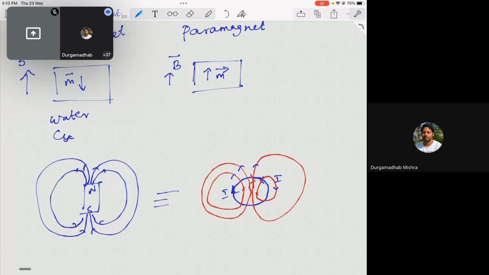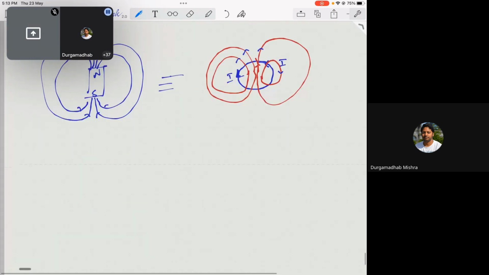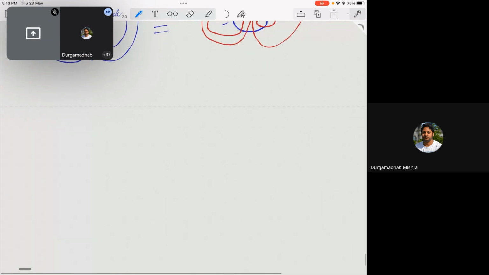So in a classical picture, since we still want to keep things simple, as I said, I have a nucleus, and an electron is orbiting around it.